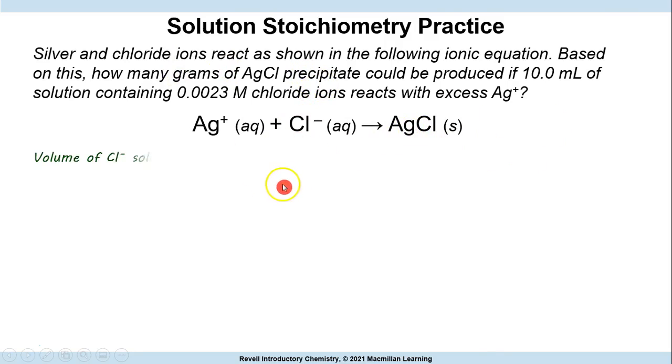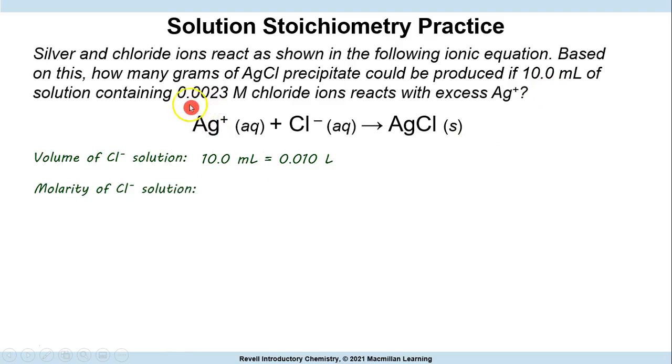So the first step, we are going to state that we have 10.0 milliliters of the solution, which must be converted to liters. That is for the chloride. And we have a concentration or a molarity of 0.0023 molar. Now, with the volume and the molarity, we can determine the number of moles for the chloride.